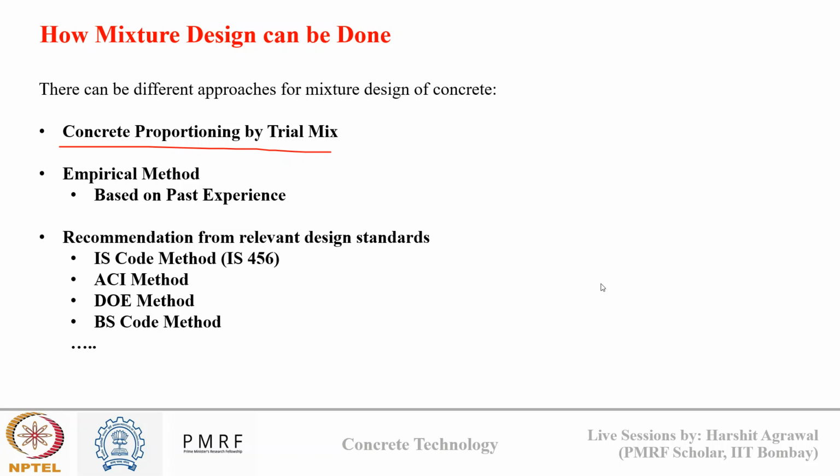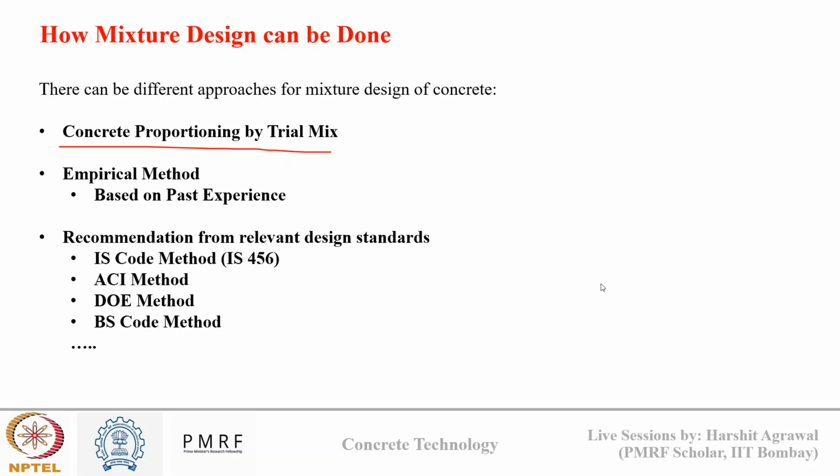Second is the empirical method, that is based on experience. As you prepare more and more concrete mixtures, after some time you will get an idea from your experience of what proportions to use for achieving a certain grade or fresh property. But this comes out to be accurate only when we are experienced in mixture design. Third is based on recommendations from relevant mixture design standards. There are several standards that have been made to aid us in mixture design.